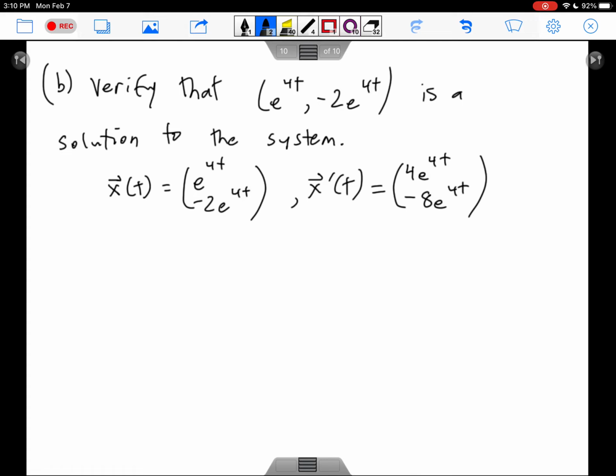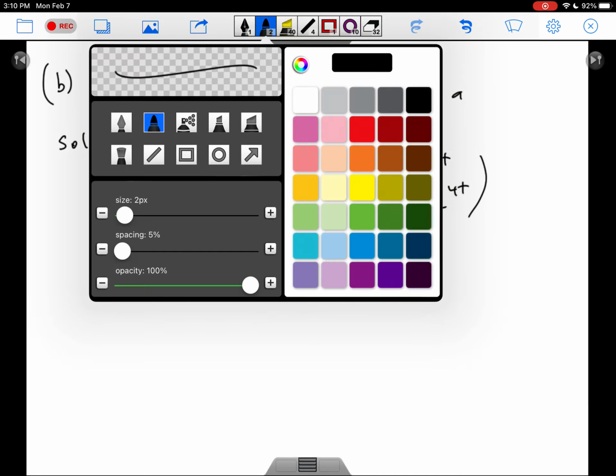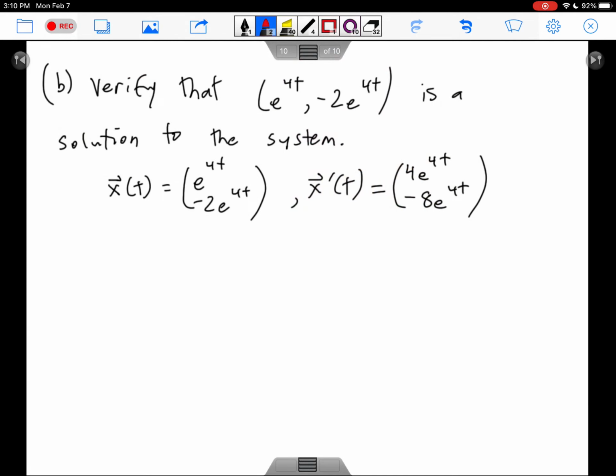So we've got all of that, and now we're going to replace each equation in the differential equations and make sure that they're each true. So remember, that's our x1, that's our x2. x1 prime is 4e to the 4t. x2 prime is negative 8e to the 4t.